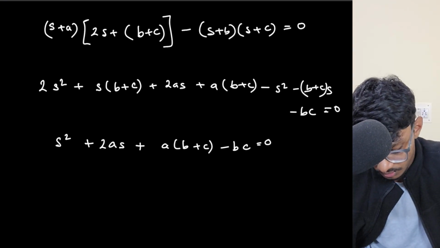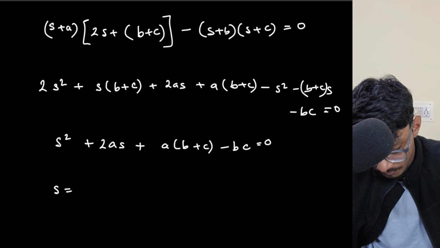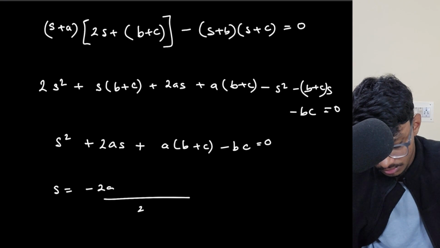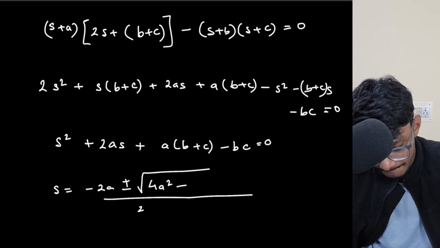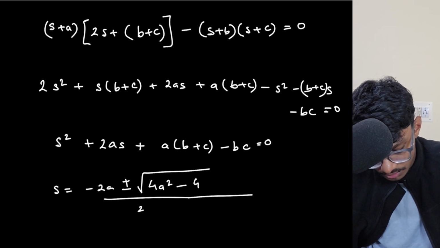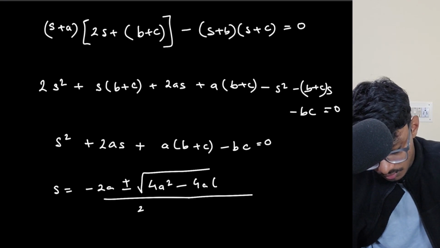So what are the roots? It is minus 2b upon 2a plus minus the square root of b squared, 4a squared minus 4ac, so this is 4a into (b + c) plus bc.